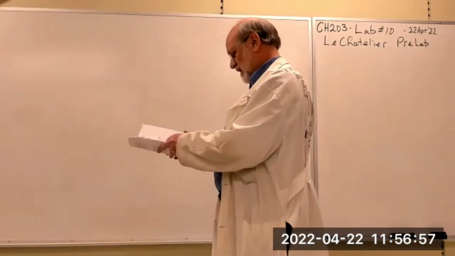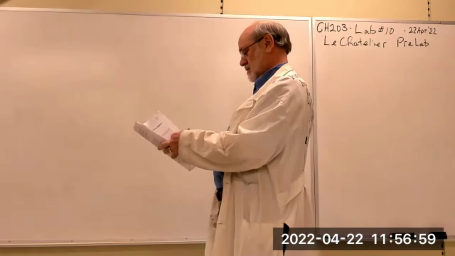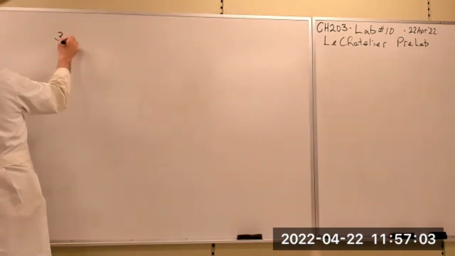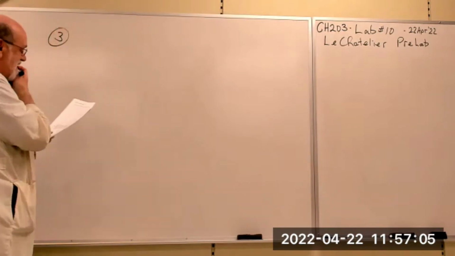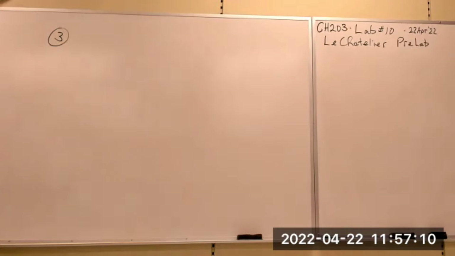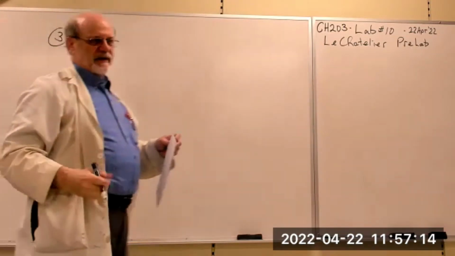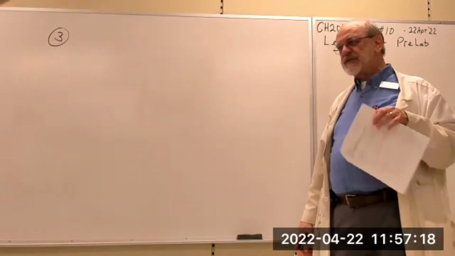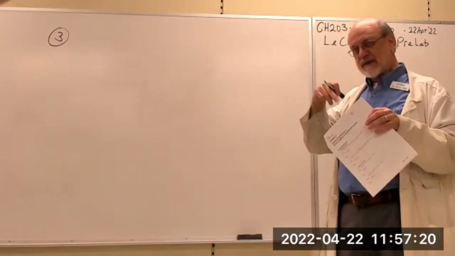Let's see, turn the page. 3. Explain why the solubility of a sparingly soluble salt represents an equilibrium system. Okay, that's the first system that we're looking at in this experiment.